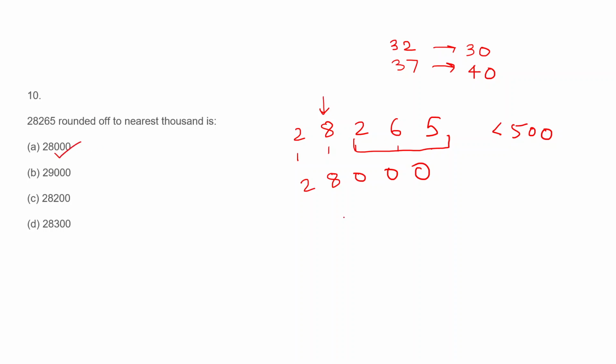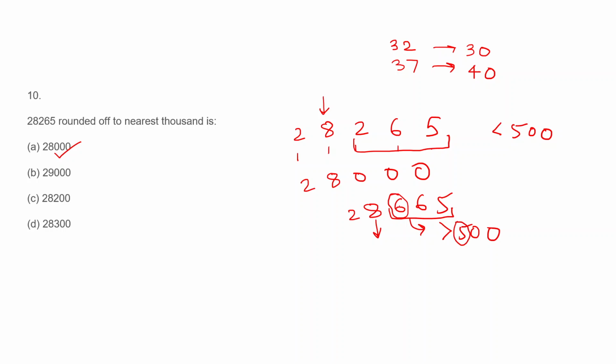If, let's say, it's 28665, and again we have been asked to round off to the thousands digit, then again we'll see that it's more than 500, or we can say that this particular digit is more than 5.